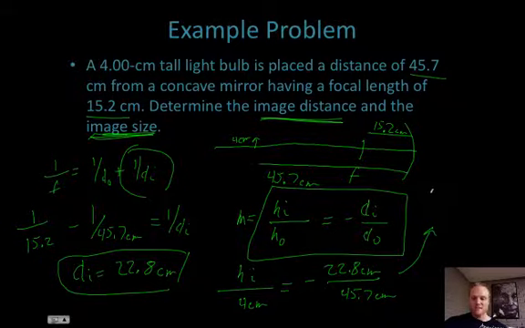If we do that math, I get an image height of right around 2 centimeters. And this would be negative, indicating that it would be inverted, or upside down.